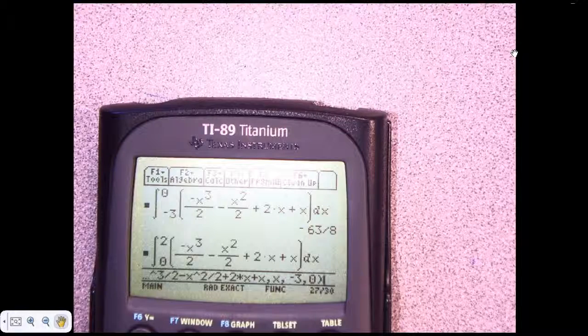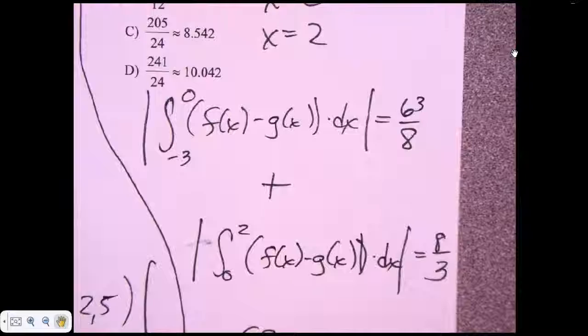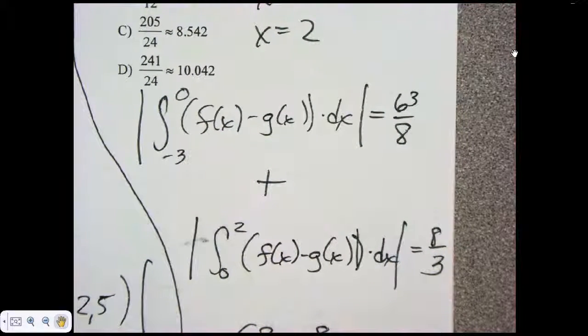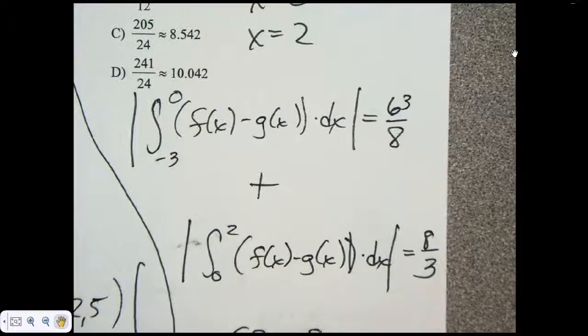Okay, I did minus parentheses negative x. That shouldn't matter. It should be the same. I still got 57 over 8. So then when I add those up, 253 over 24, which is A.